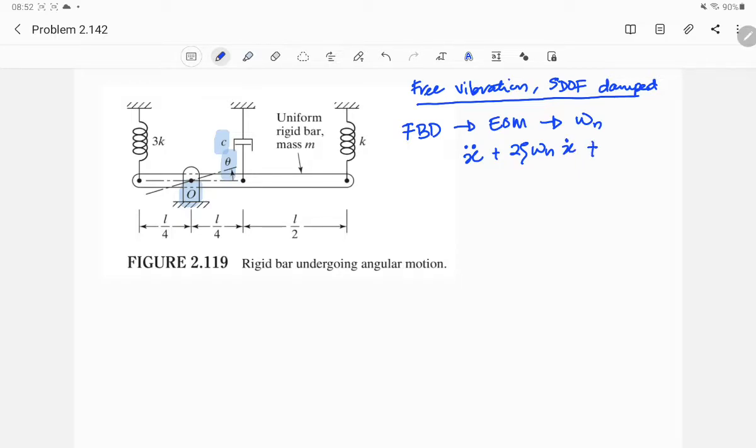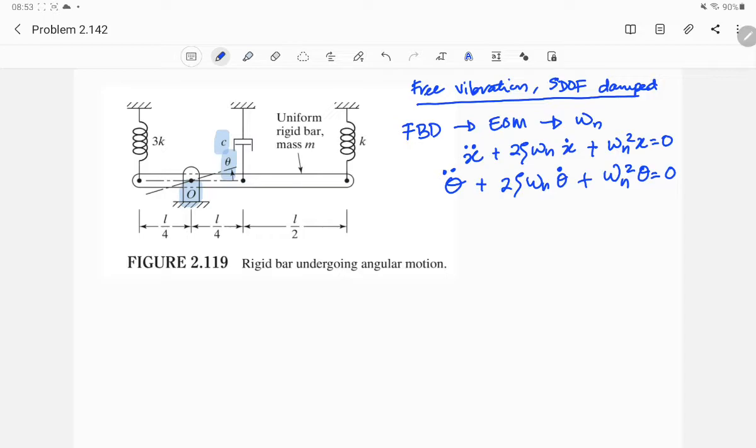This is the general form of how you can get some of the parameters for a single degree of freedom damped vibration. If it's rotational, you can also write it as theta double dot plus 2 zeta omega n theta dot plus omega n squared theta, right?